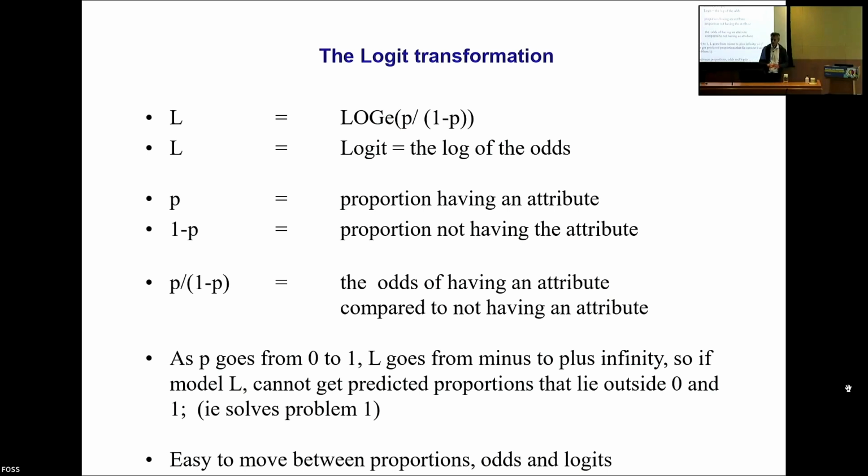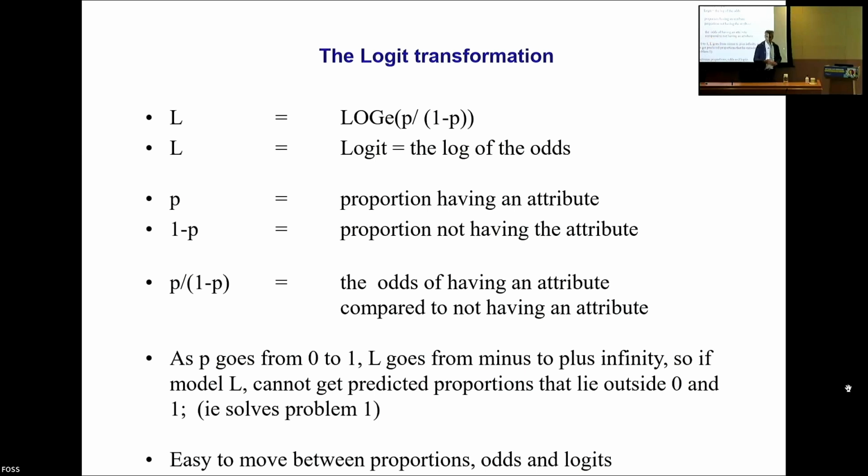Those of you who are betting people might be more familiar with odds. Odds are kind of like proportions, but not exactly. The odds is p divided by 1 minus p, while the proportion is just p.